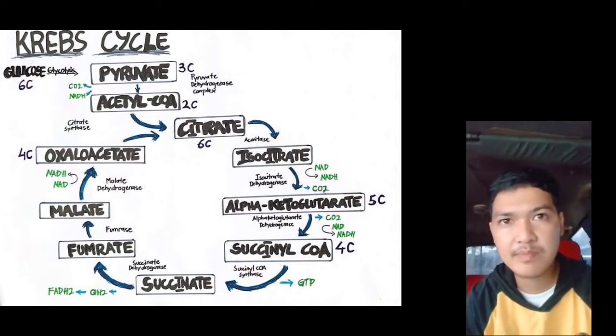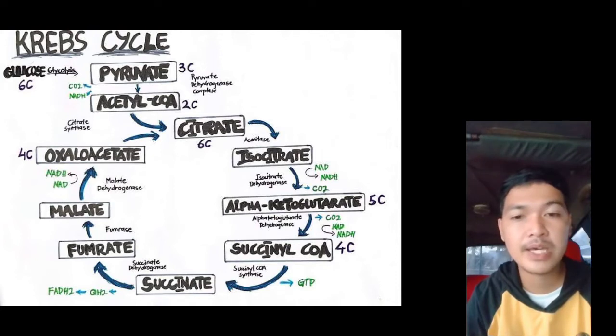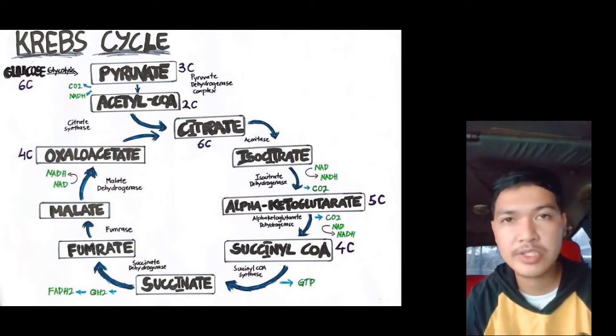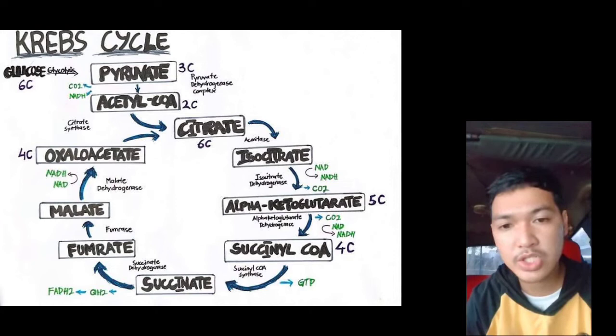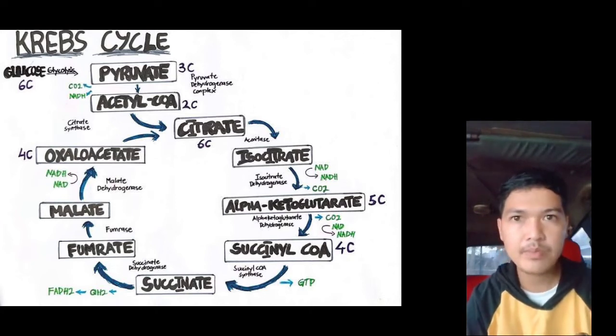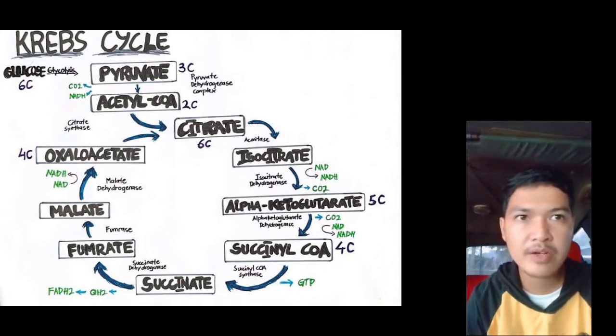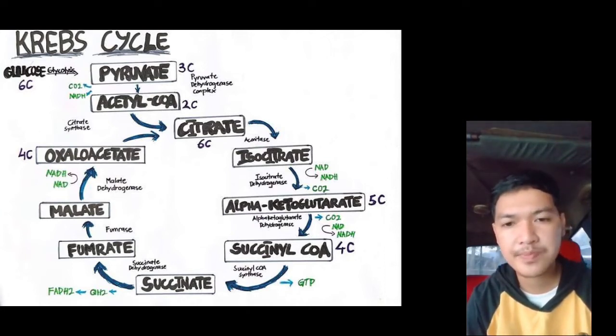The first step begins with pyruvate. Pyruvate is derived from the glycolysis of glucose, which is a 6-carbon compound, then split into 2 molecules of pyruvate, which is a 3-carbon compound. The next step is the oxidation of pyruvate to acetyl-CoA by the enzyme pyruvate dehydrogenase complex.